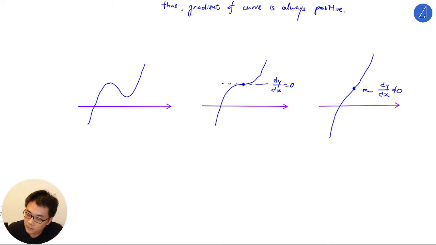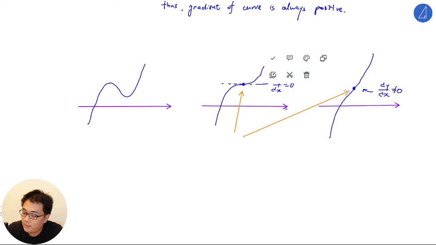Both are called points of inflection, but there's only one stationary point of inflection, which is the middle one. Okay, I repeat, they are both called points of inflection. But this is a stationary point of inflection. This is just a typical point of inflection.